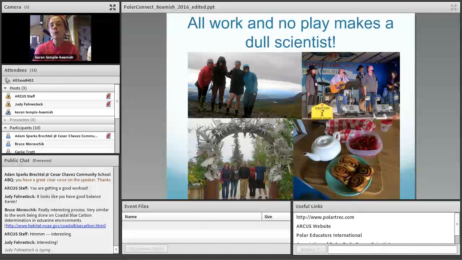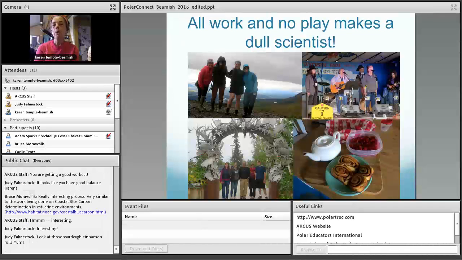We also went to a local bluegrass festival. And one of the days that we spent in town doing our errands and buying our food for the next couple of weeks, we also got to spend some time at the cultural center in Fairbanks. And each day that we work, we also eat really, really well.